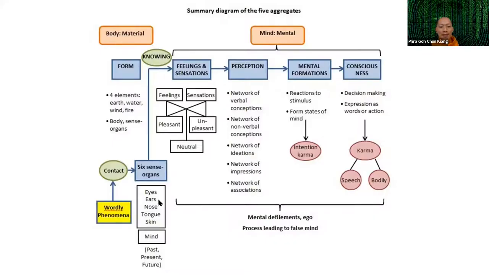And because these things arise, it will develop feeling. Either you find it pleasant, unpleasant, or neutral. So all these processes, the five aggregates. All the way when you contact, you see this image, when you hear the sounds, no suffering. Even if you have unpleasant feeling, no suffering yet, or pleasant feeling, no suffering yet.